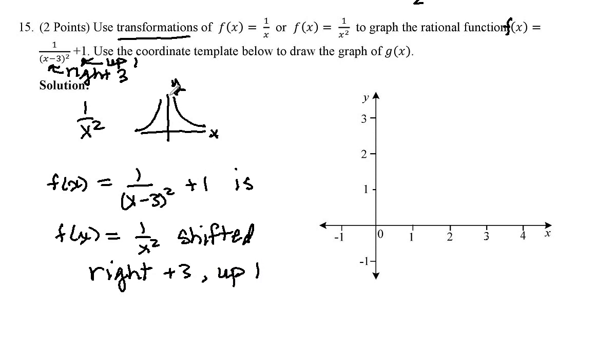So instead of having a vertical asymptote at x equals 0, it's going to be over here at x equals 3. And instead of the x-axis being the horizontal asymptote, we're going to shift it up 1, so the line y equals 1 is going to be the horizontal asymptote.